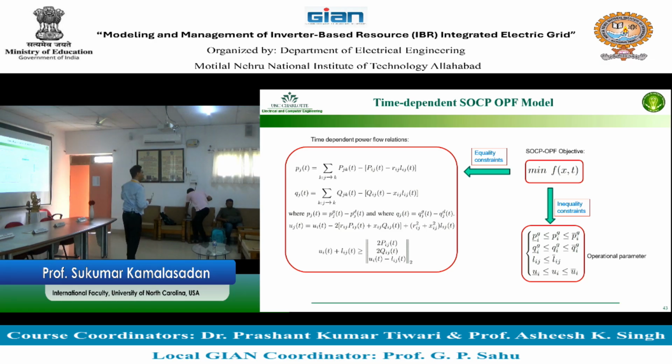So in any optimization, what are the two parts? You want to run an optimal power flow. What are the two basic equations? What are the two different types of constraints?